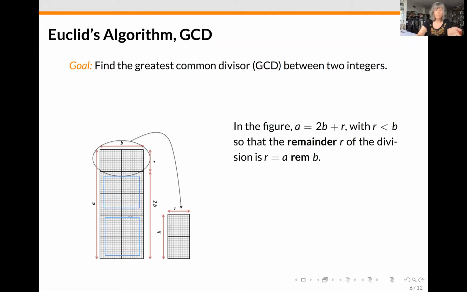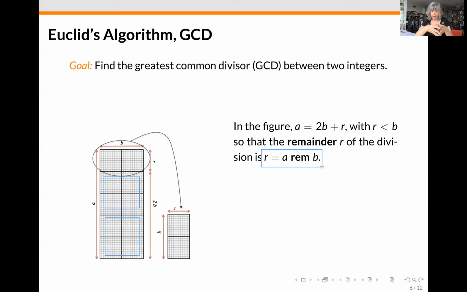So we can fit the squares B by B twice in A, but there is still a remainder. We call R the remainder. And this is the way that we denote the notation. We say that the remainder of dividing A by B is equal to R.